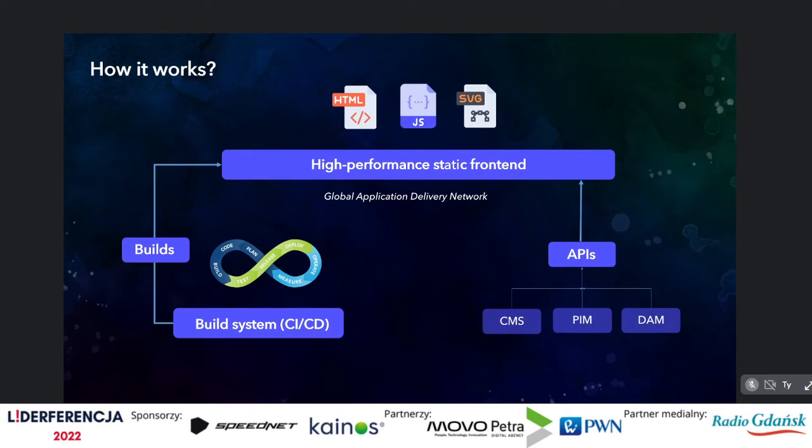That will use a build system to actually create all of these static files, so we don't have to actually do static HTML files. You code using a framework, and then the build system creates the static files for you and uploads them to CDN, or here, as I said, Application Delivery Network, ADN.